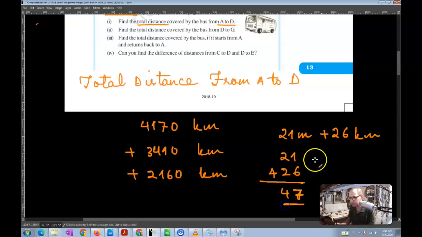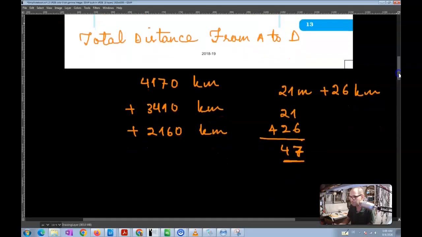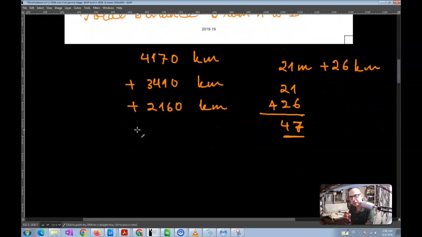This 47 is neither the meter nor the kilometer, just simply not right. Because suppose that the length of something is, for example, 21 centimeters. And you must be, of course, familiar with the centimeter, the unit.